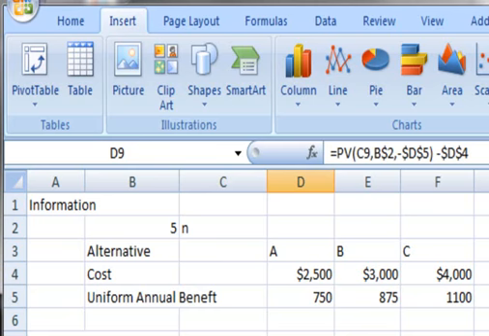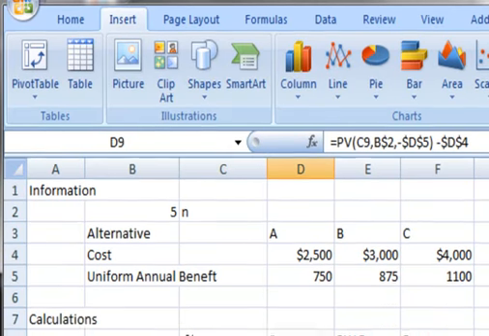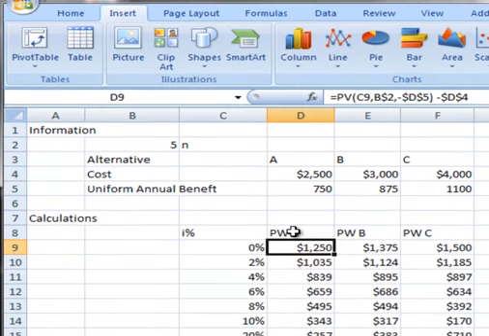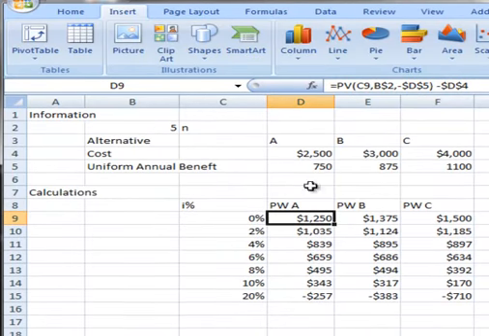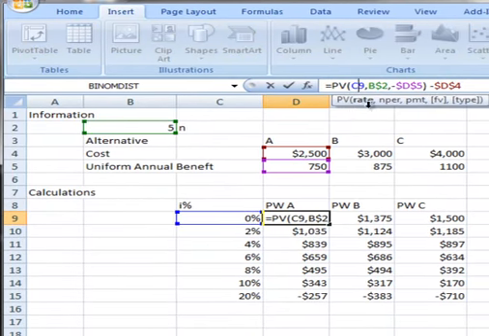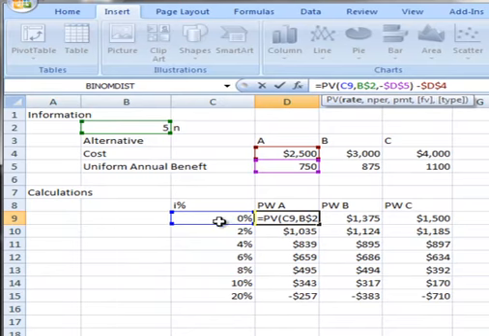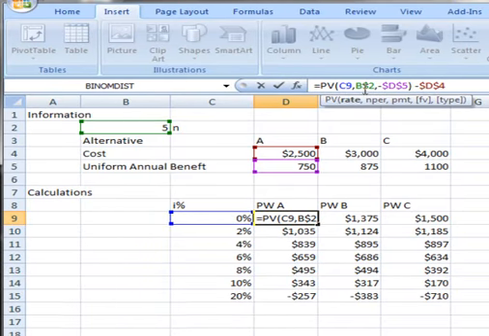What I did here in cell D9 was I calculated the present value, or present worth, of alternative A. If you follow the formula, that's rate, which was in C9. Then it was followed by my year, which was 5, never changes, so I've got that locked.